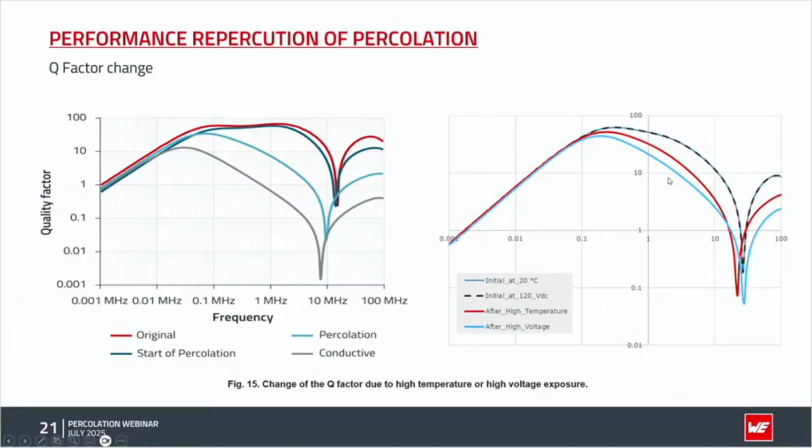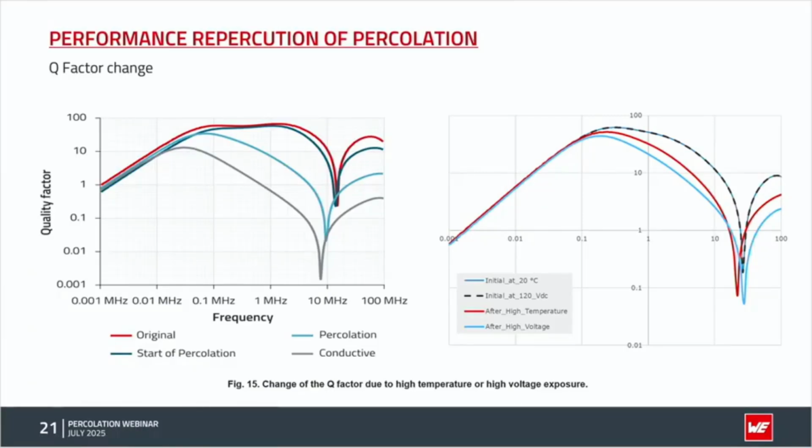On the other hand, I used the part at normal temperature range, and I increased the temperature until around 200 degrees. And we saw as well the beginning of percolation. The change of the shapes of the curves is not the same. Why? For sure, the particles affected at the beginning are those closer to the terminals in the case of high voltage exposition, and the external particles in the case of temperature.